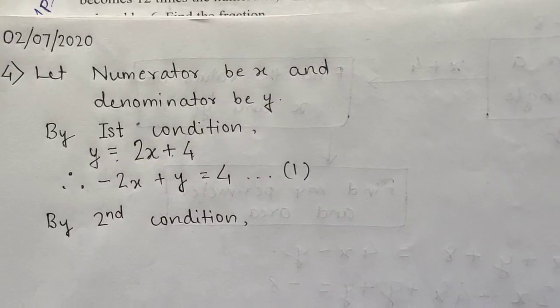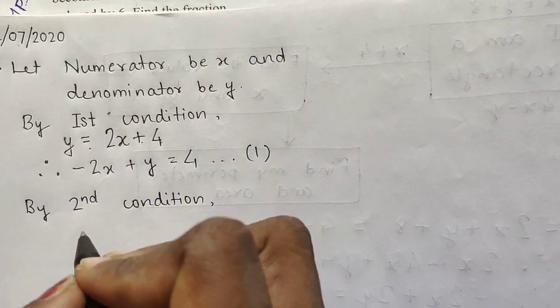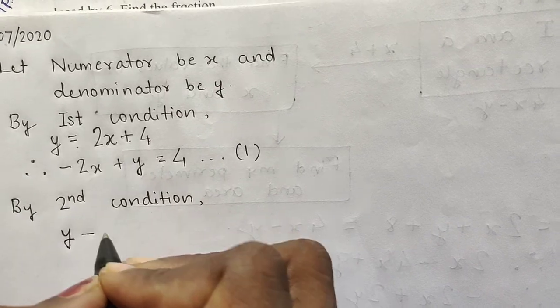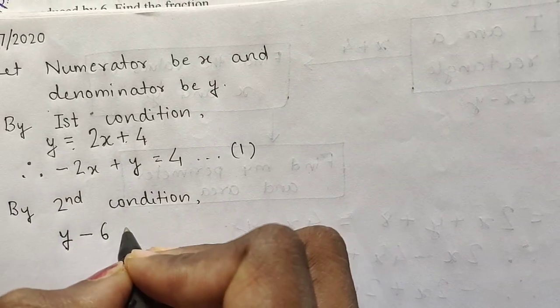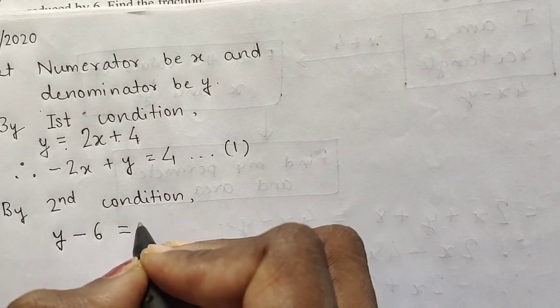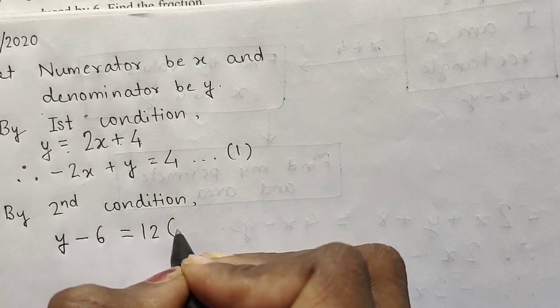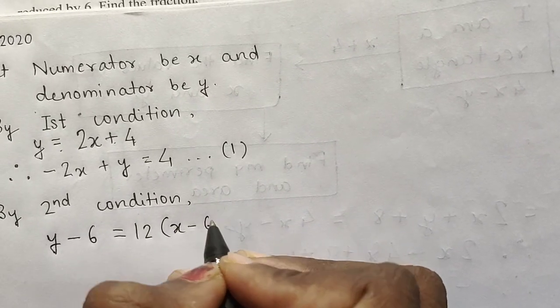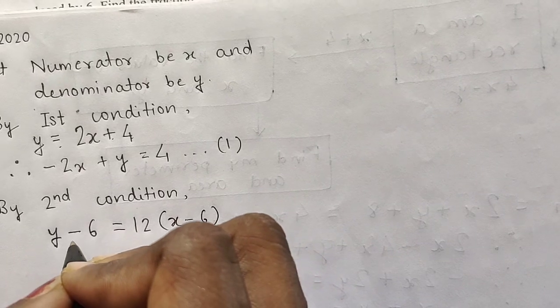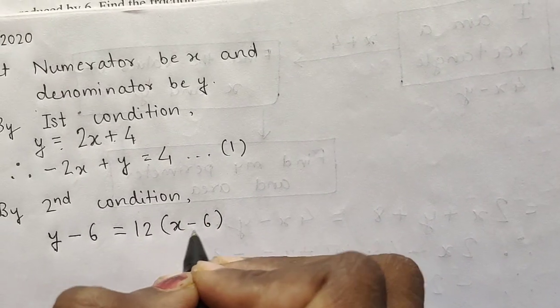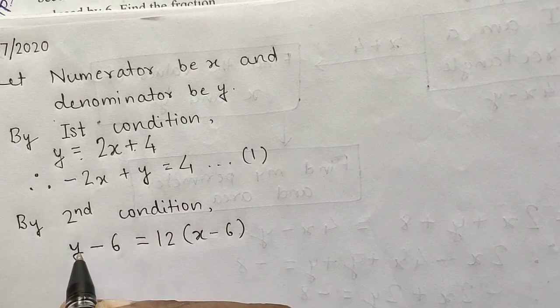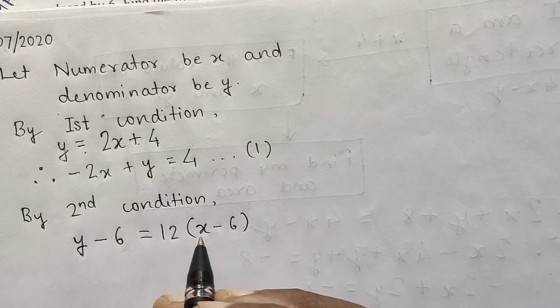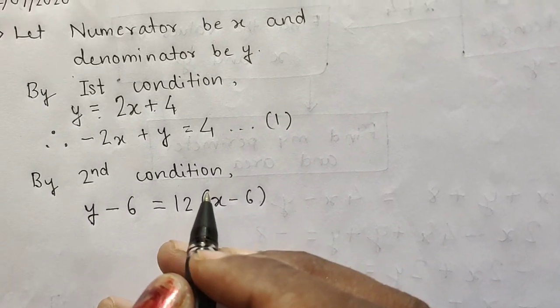Okay, so let us simplify that. Denominator means y, and you are going to reduce it by 6. So y minus 6 is equal to 12 times numerator, that is x minus 6.